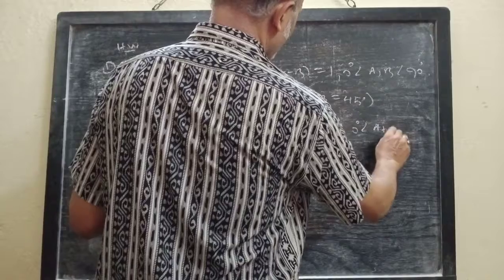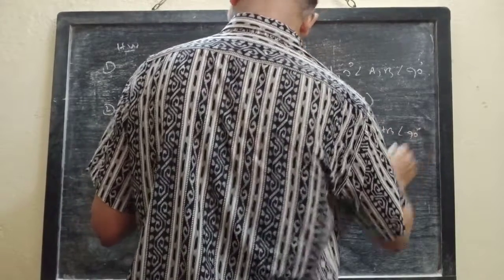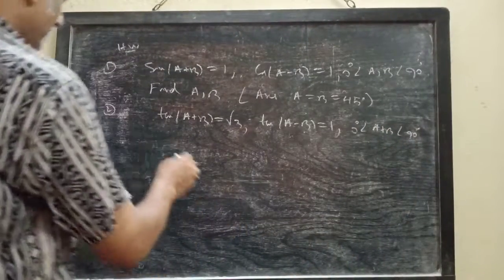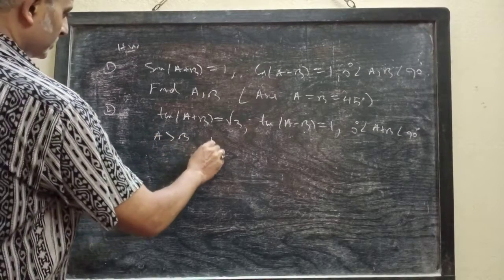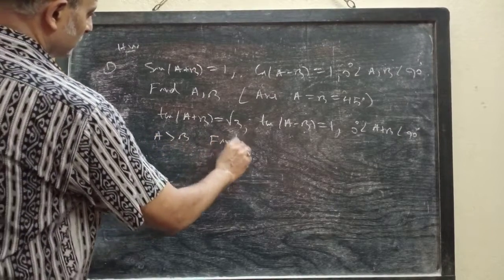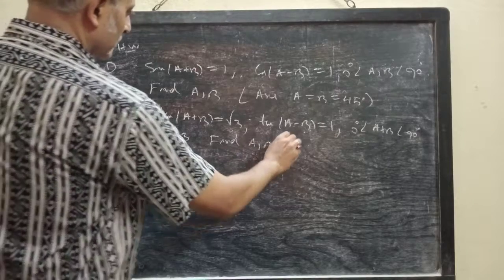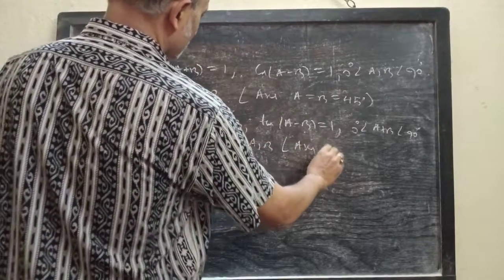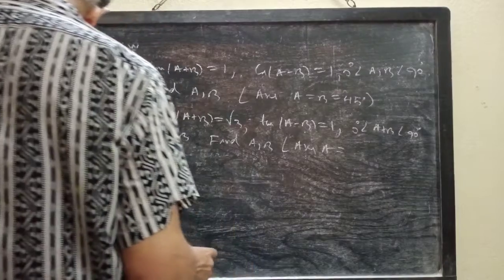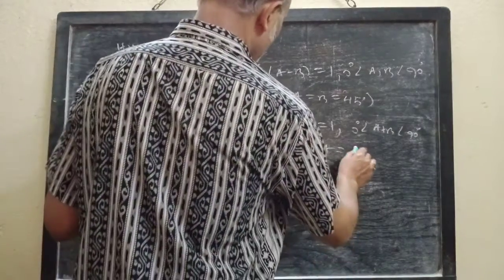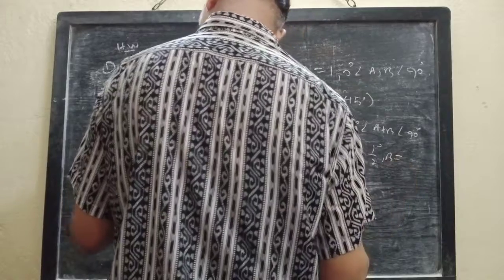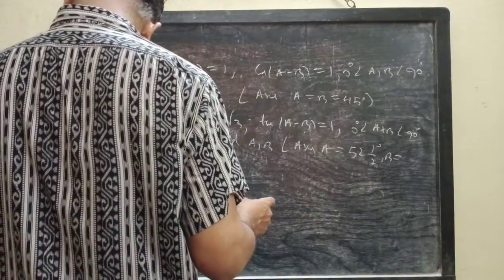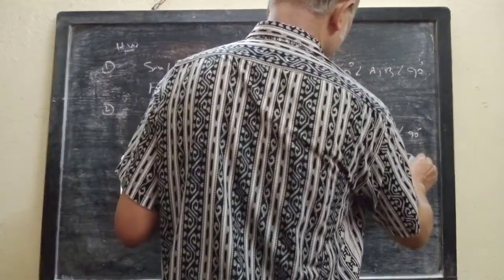A plus B is an acute angle. A greater than B. Find A and B. Answer: A equals 52.5 degrees and B equals 7.5 degrees.